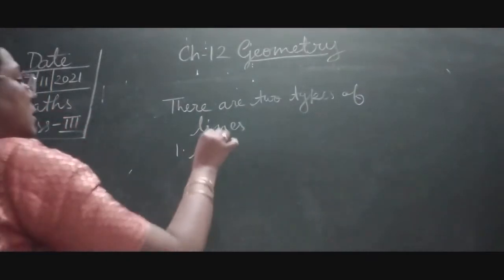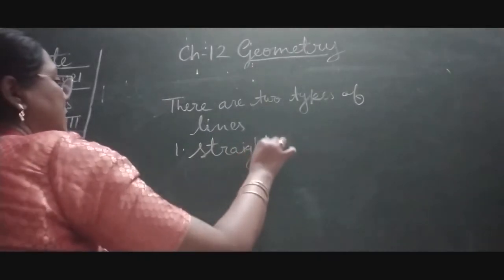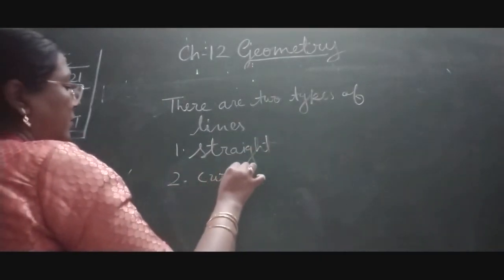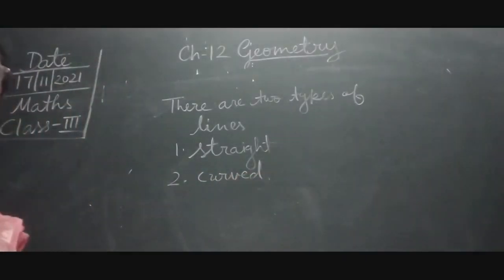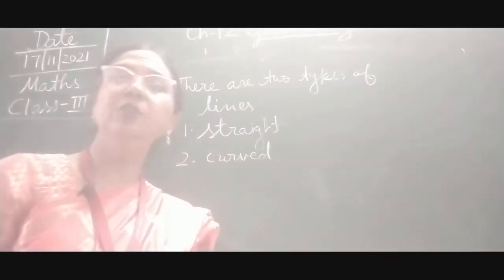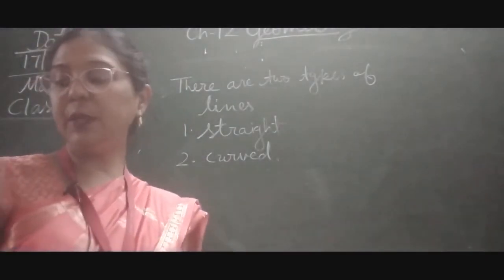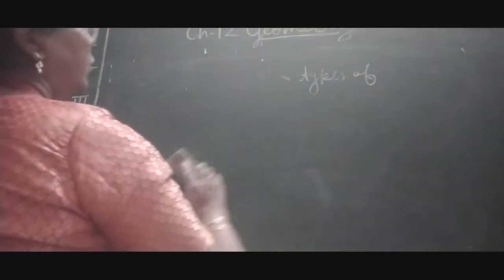First, straight, and second is curved. Okay, so children, write it down. Now children, after these lines we are going to discuss open and closed figures.